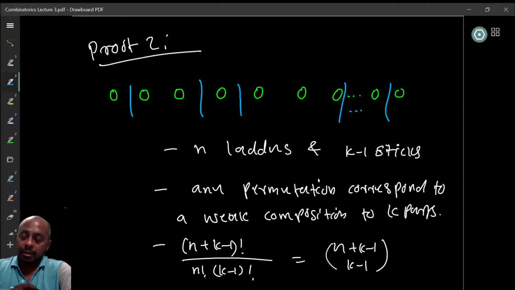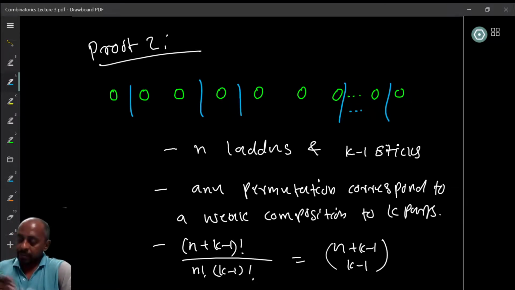So we want to arrange the laddus and sticks in any possible way, right? So how many possible arrangements are there? By the multinomial theorem that we studied, if there are n1 objects of type 1 and n2 objects of type 2, the number of permutations of them is basically n factorial divided by n1 factorial into n2 factorial.